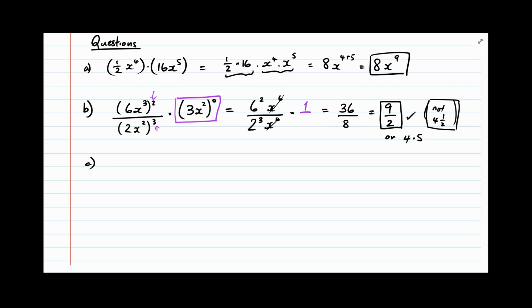All right, let's do one more, I guess, with this and see what we can come up with. So let's do -2 r squared s all to the 5th power, times 3 r to the -1 s cubed, all squared.